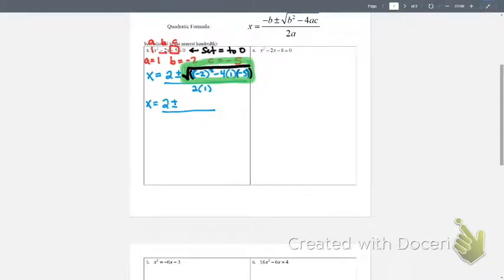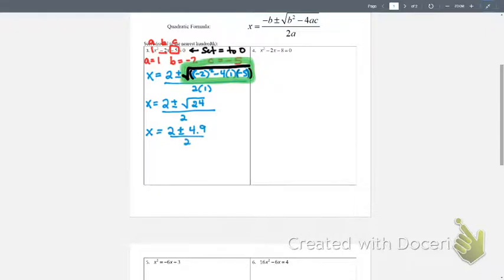If you have done this right, then you should have gotten for your answer the square root of 24. And actually, on your calculator, you should have gotten a decimal. So if you did this right, you should have gotten 4.9.